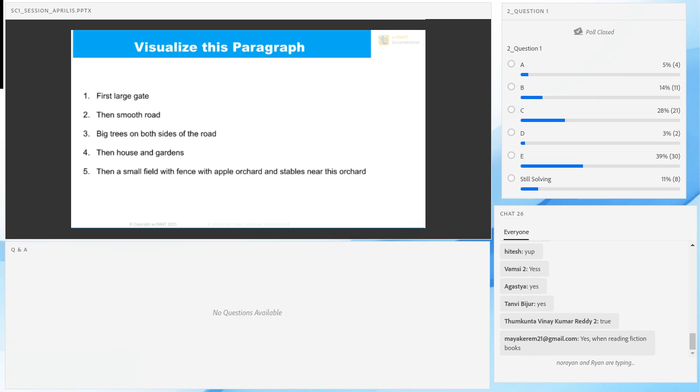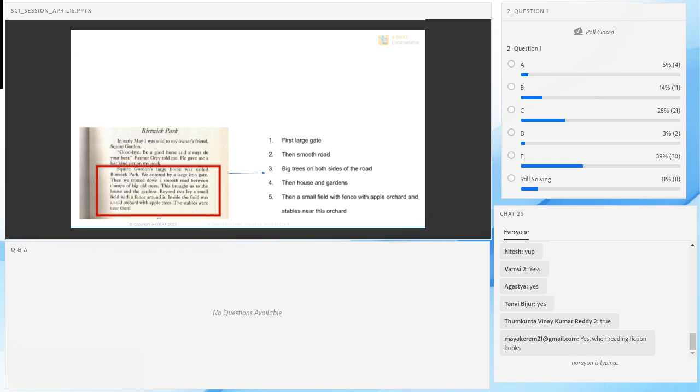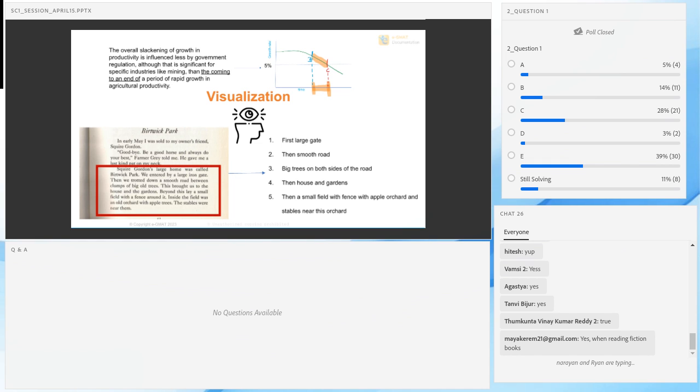You have to use that same muscle when you're reading non-fiction as well, which means when you're reading your GMAT passages. And that is the rigor that the e-GMAT course will inculcate in you, or reignite in you. The very same muscle you use here needs to be used to visualize a complex-looking sentence like the one we saw in question 1. Is this point clear?